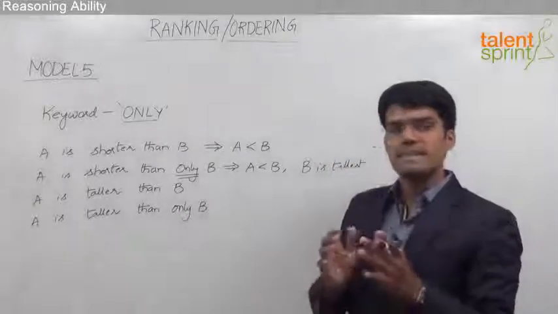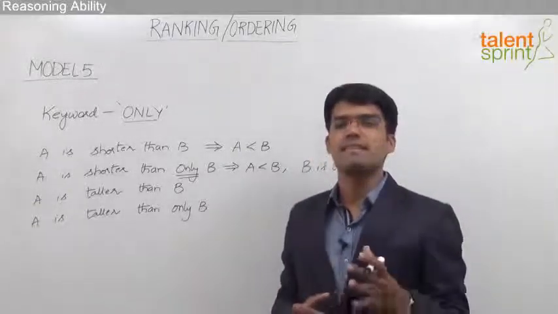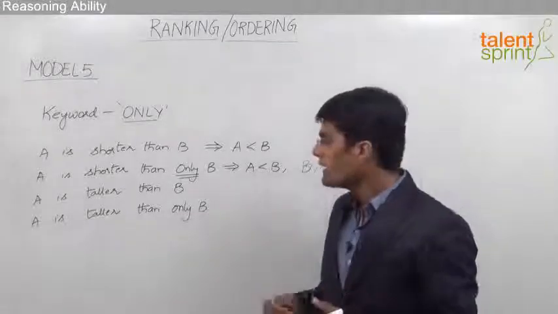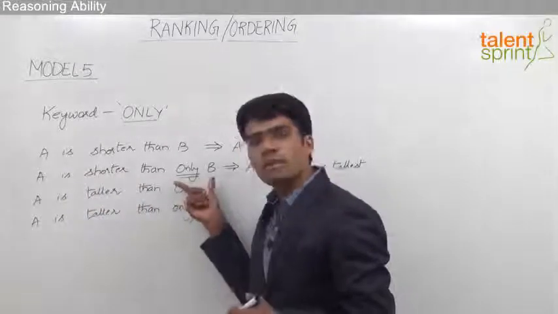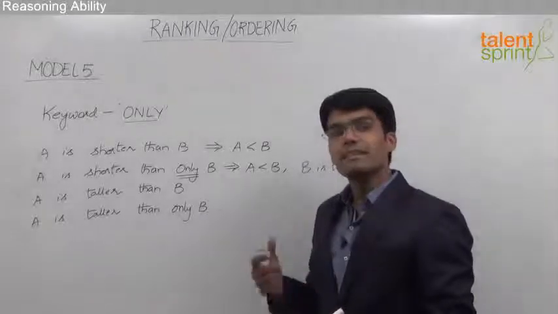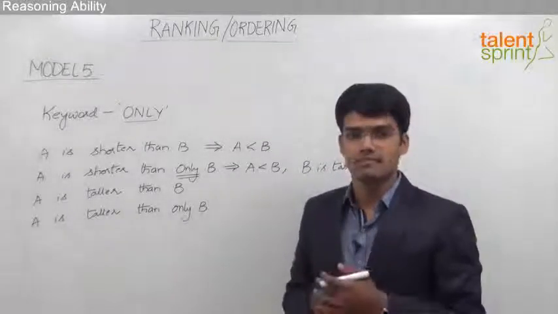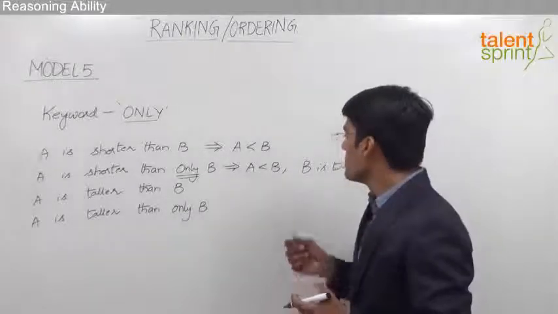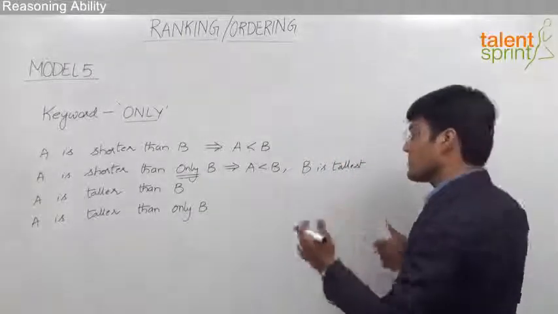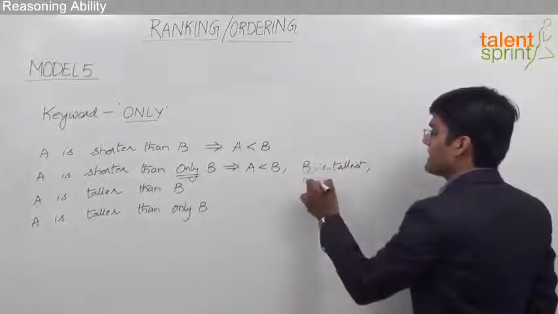For example, let's say there are 5 persons A, B, C, D and E in a group where A is shorter than only B. That means the remaining 3 persons C, D and E are shorter than A, which clearly indicates that B is the tallest person. And we can also say that A is the second tallest person.